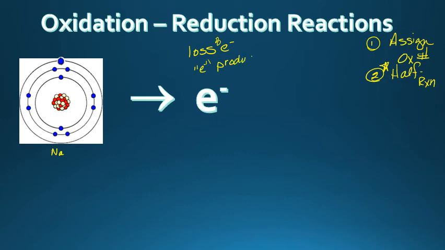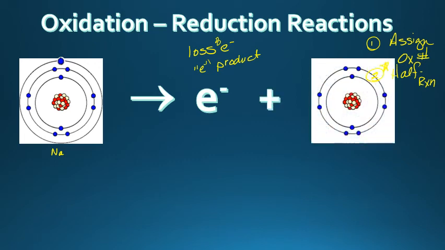It's like you threw it away. So we write the electron as a product when it loses electrons. Well, once it's lost an electron, then it becomes the sodium ion. The electron is just gone. See, it's not there anymore.